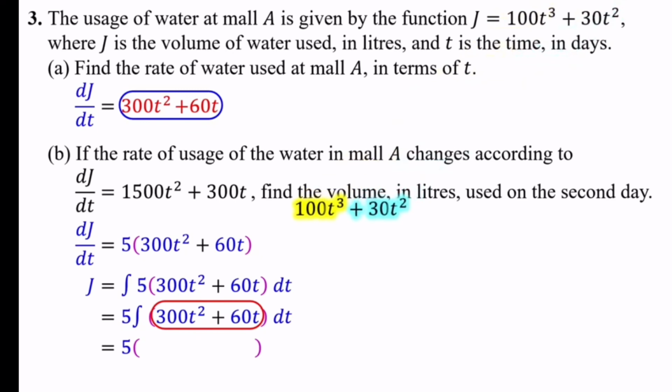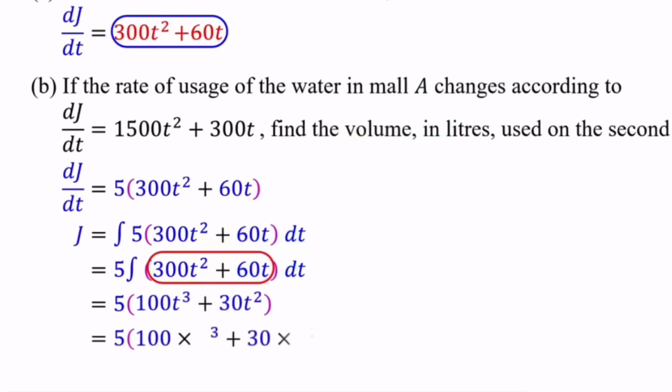If we integrate dJ/dt, we will get J. That means we will get 5 times the original J given.